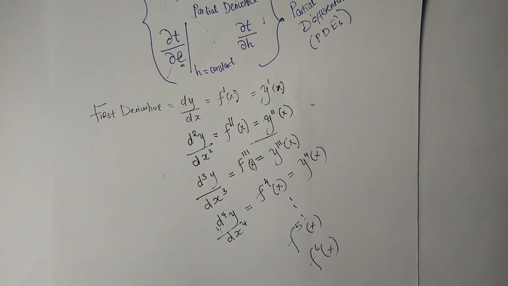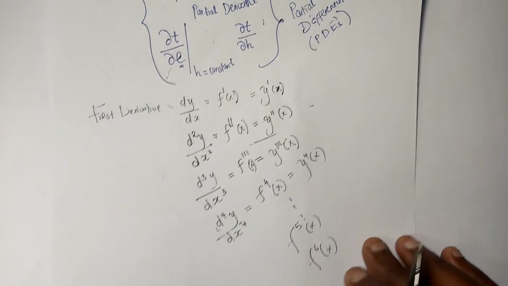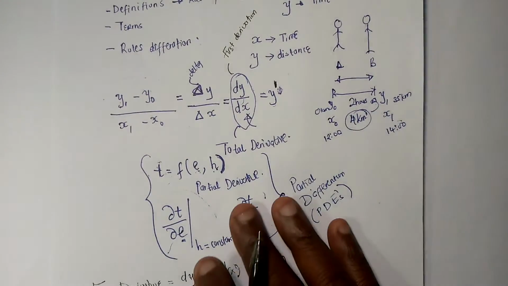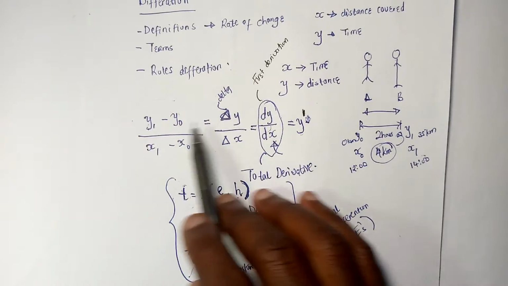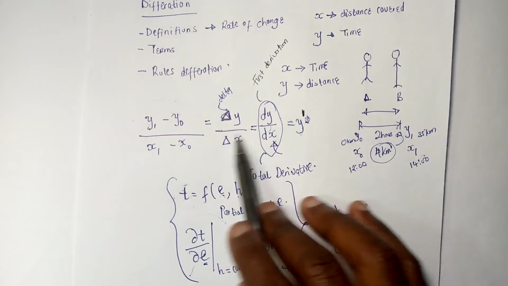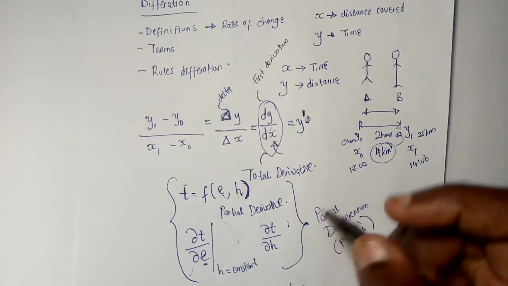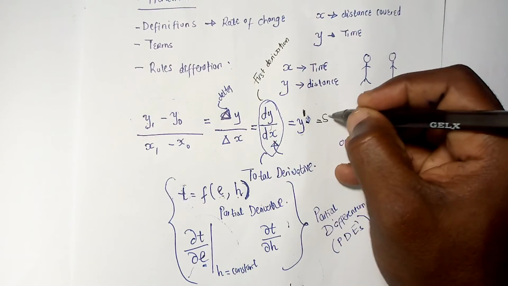All right, so basically that is what it means to have differentiation, and it is basically a rate of change, right? So for the example that we've had, if for example we have a change in distance over a change in time, this is what is known as speed.